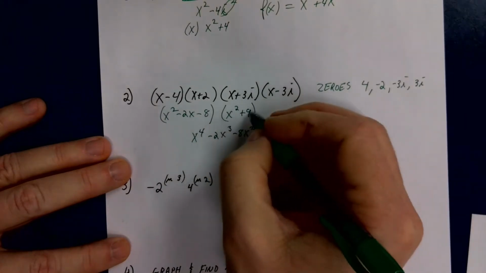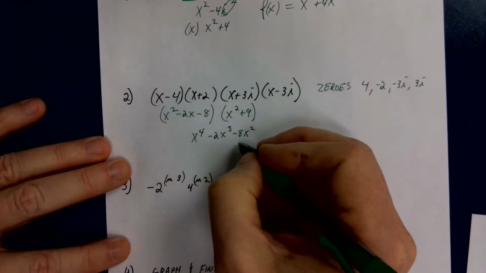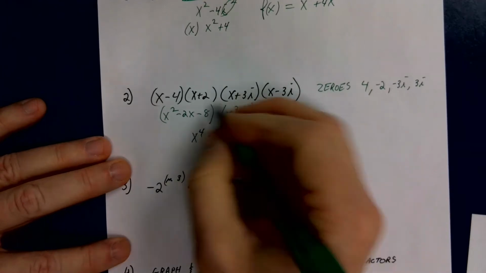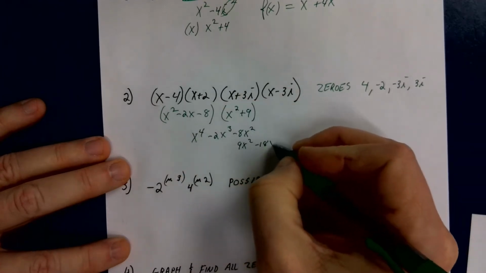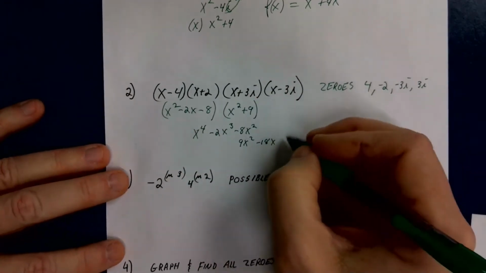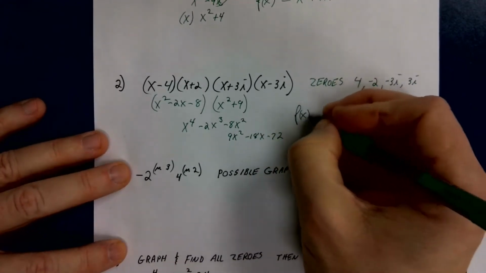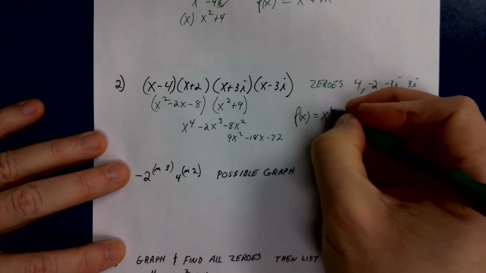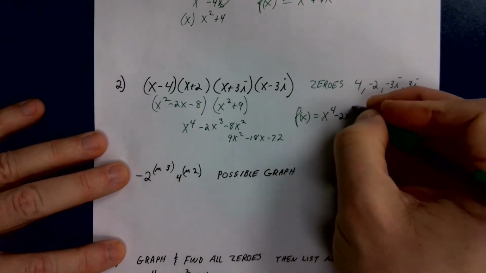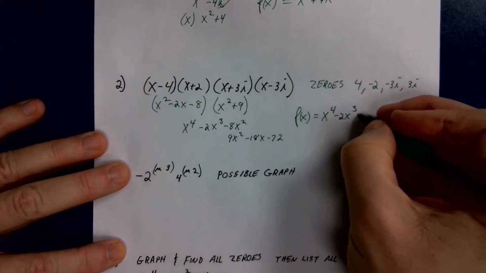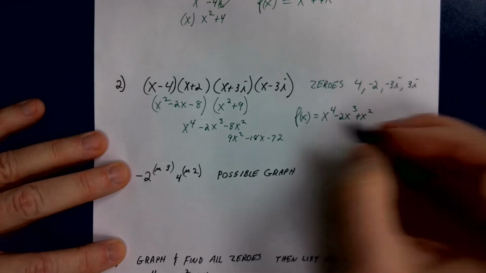And I'm going to do the 9 to each one of those things. So that's 9x squared. I'm going to line these up. Minus 18x, and 9 times negative 8 is negative 72. So there we go. So my polynomial is x to the fourth minus 2x cubed plus x squared.